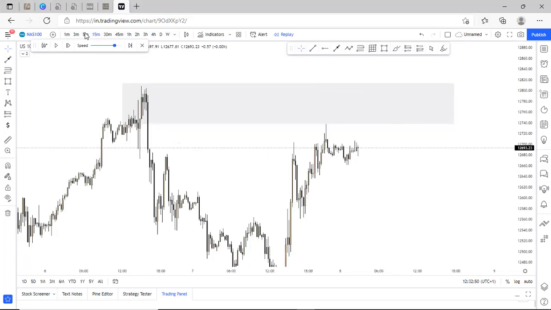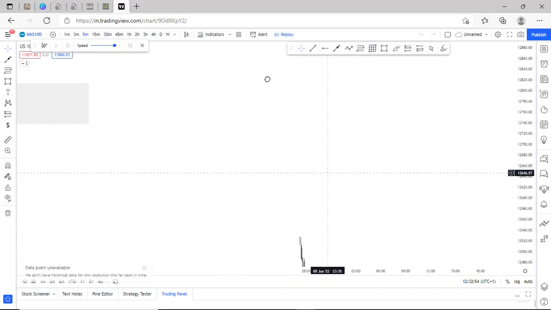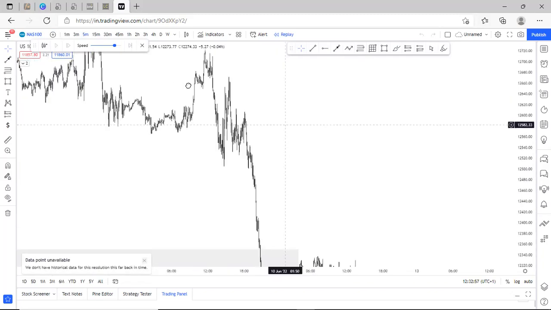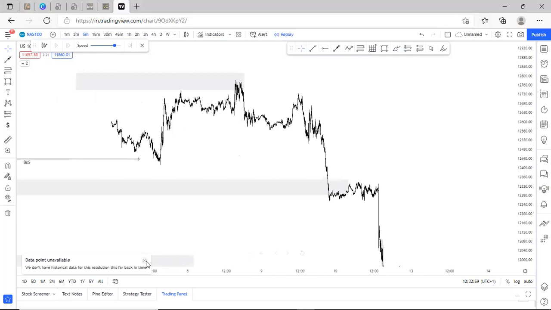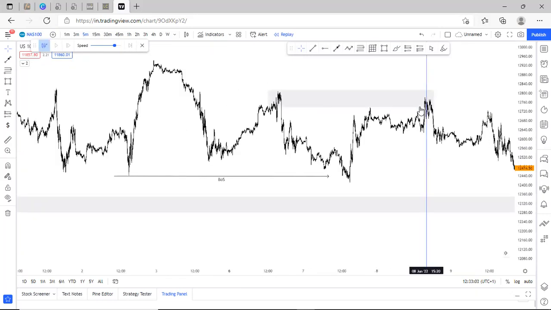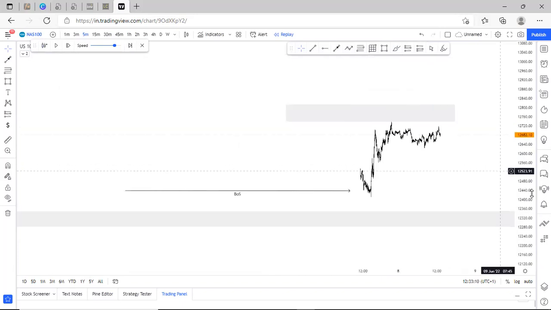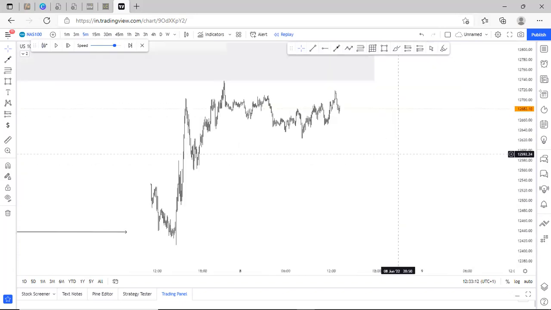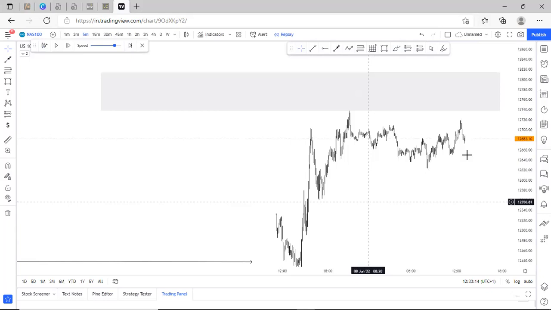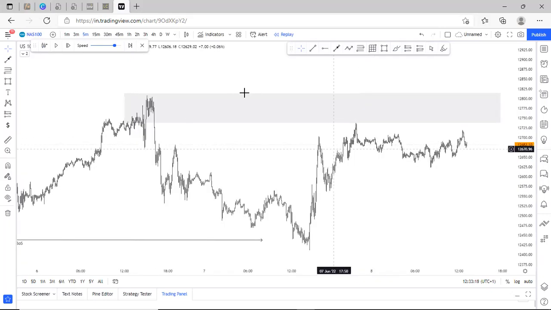Let me go to the 5 minutes time frame. On the 5 minutes time frame now, this point of interest that I have marked is from the 1 hour.